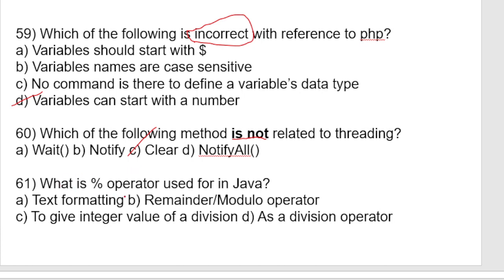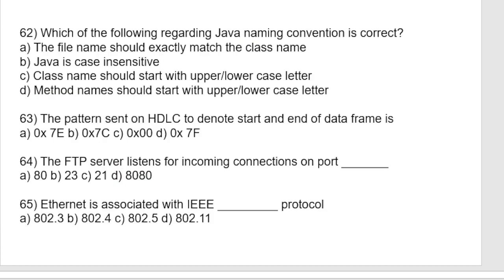What is the percent operator used for in Java? Text formatting, remainder or modulo operator to give the integer value of a division, or as a division operator. The answer is B. Which of the following regarding Java naming convention is correct?